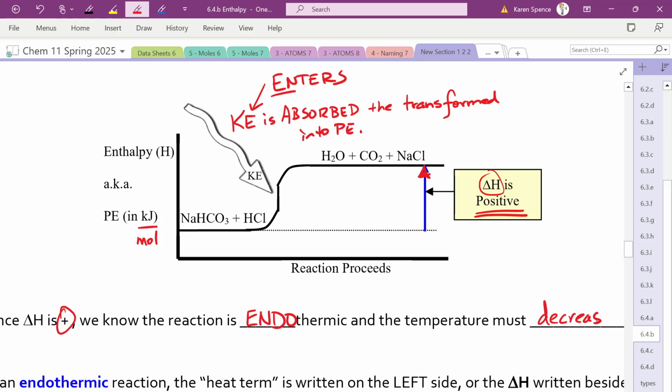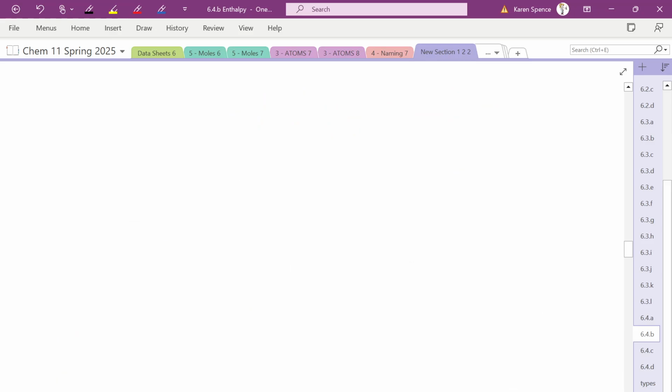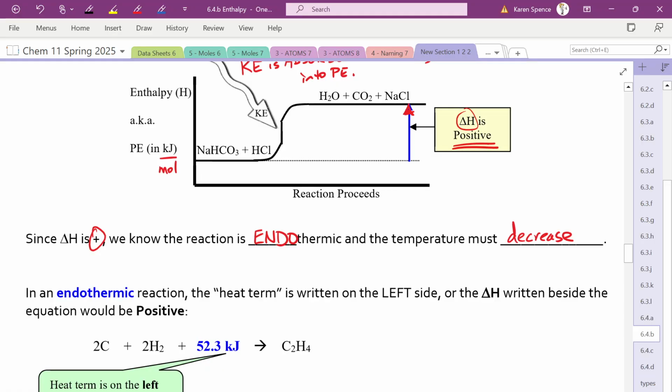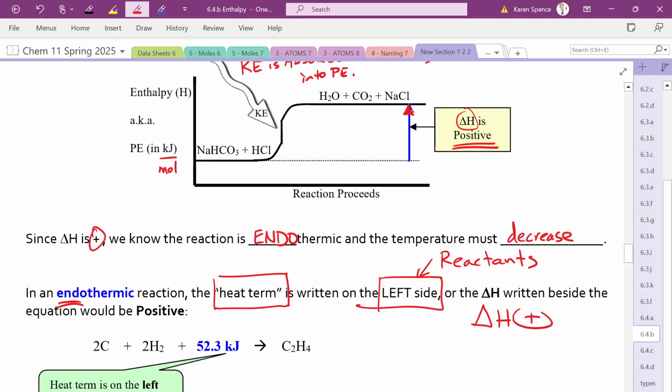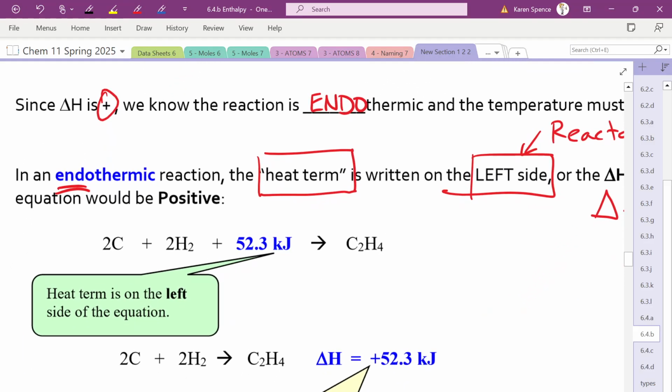Decrease. So in an endothermic reaction, the heat term is written on the left side. So that's going to be in the reactants side. And delta H is going to be positive. So here is our heat term, and delta H is positive.